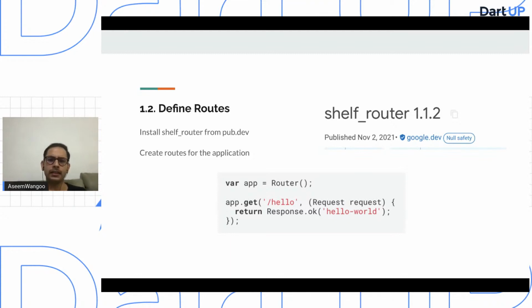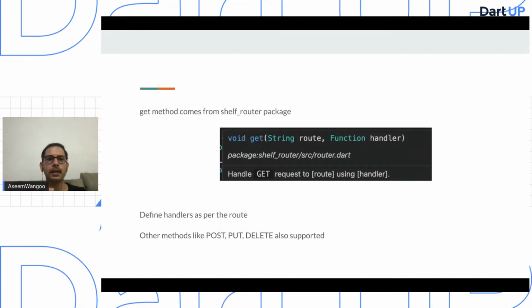Now let's see this in a bit more detail. The get method, which we saw previously, comes itself from the shelf_router package. It takes in two required parameters, a route and a handler. Whenever this route gets hit, the server responds using the handler.